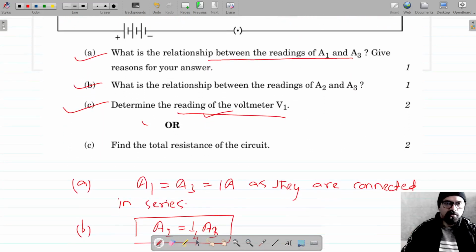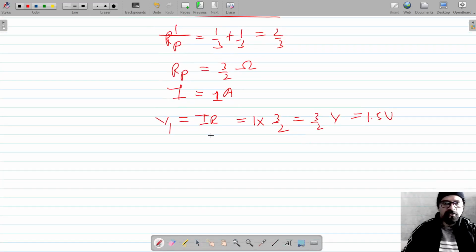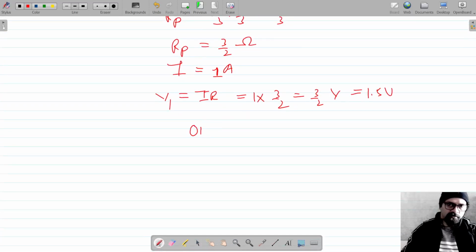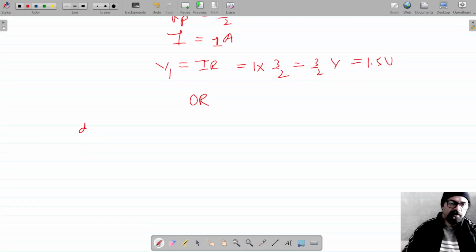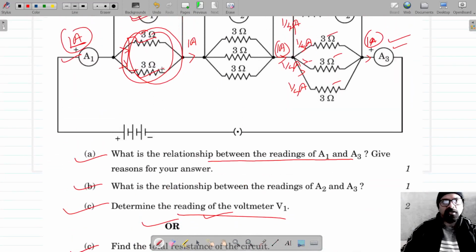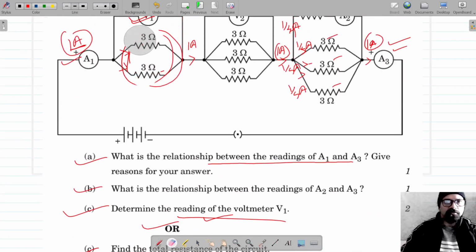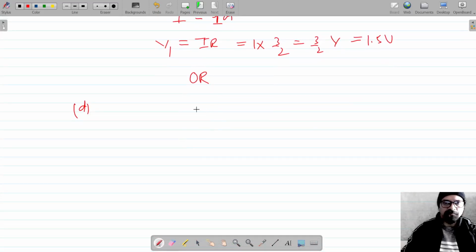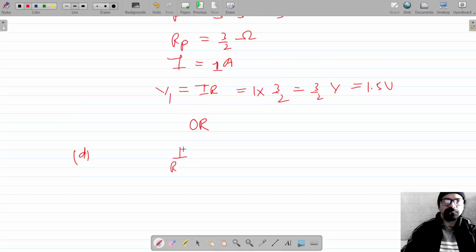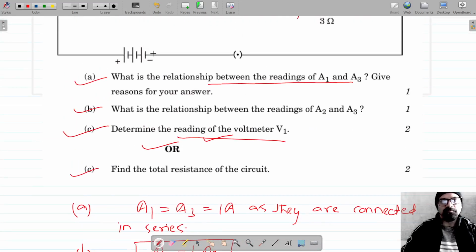Okay, moving on to the OR part, we have to find the total resistance of the circuit. Let's get the resistance for this part first. These two are connected in parallel. Let's say the resistance is R1 for these two resistors.